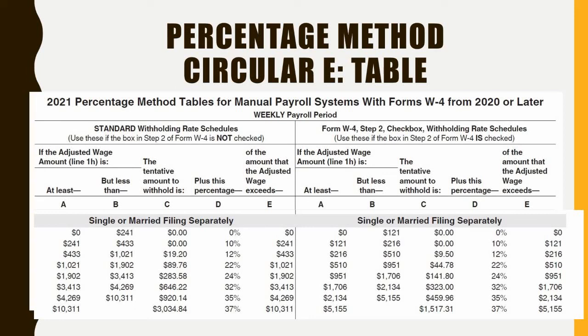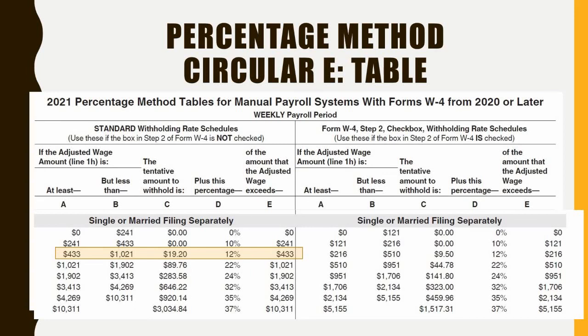Did she earn over this amount, which is column A? Column B is how much money she earned less than, did not earn over. So in this case, she earned a total of $686. That's definitely more than $433, but definitely less than $1,021. So this is the row I'm looking at.